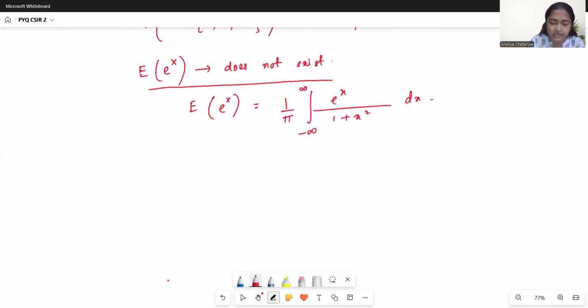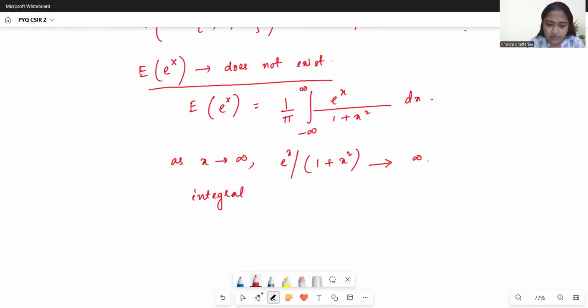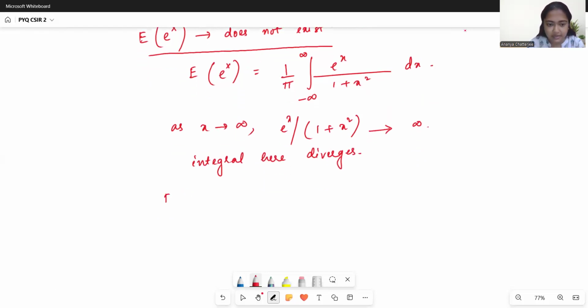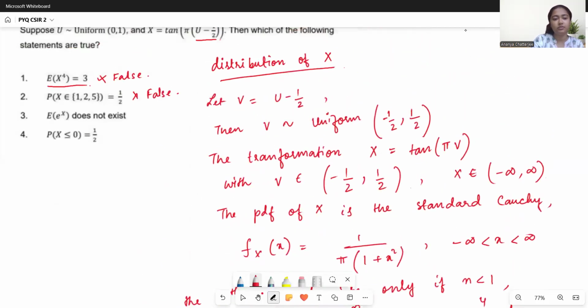Now here as x tends to infinity, e to the power x by 1 plus x squared also tends to infinity, right? So the integral here diverges, right? So from here we can see that expectation of e to the power x does not exist, correct? So from here we get statement 3 is absolutely correct.